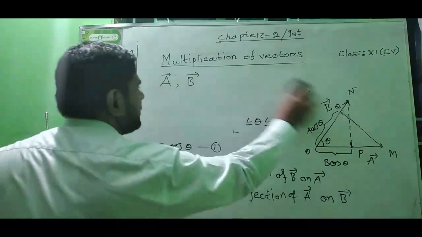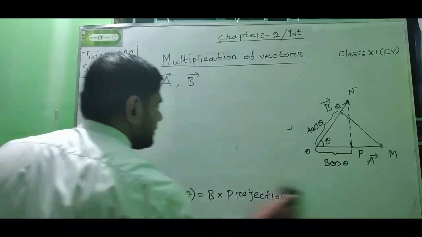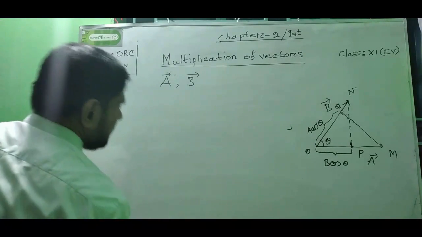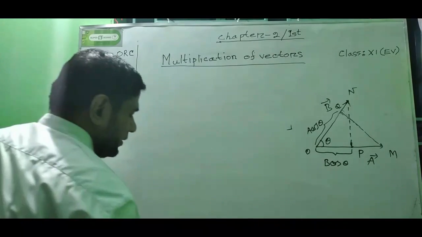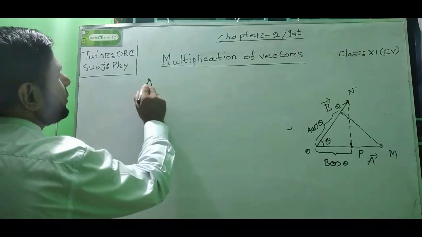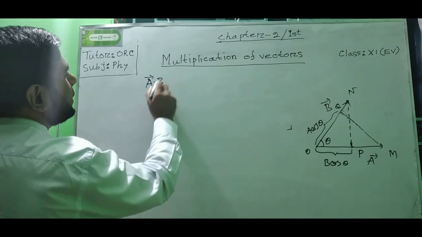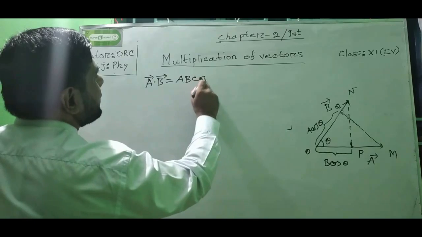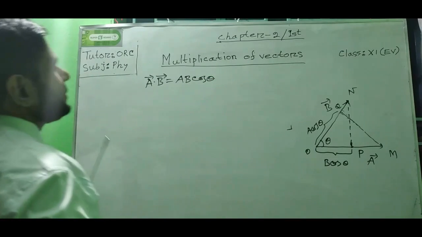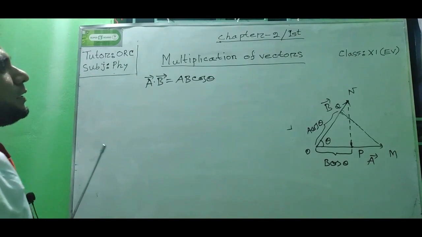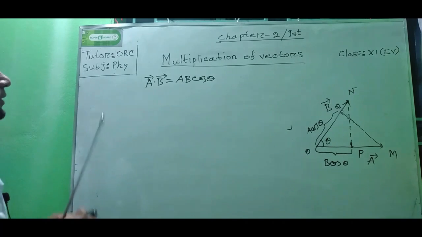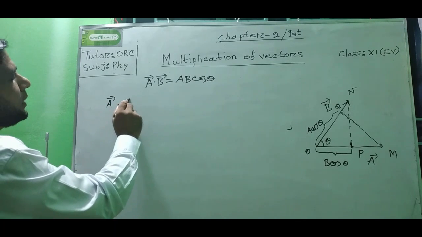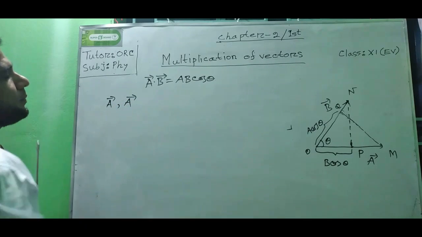Our main formula we have already got. From the scalar product we have got the main information. The first formula of scalar product: vector A dot vector B equals AB cos theta. If two vectors are the same, suppose we multiply vector A with vector A, the two vectors are the same.